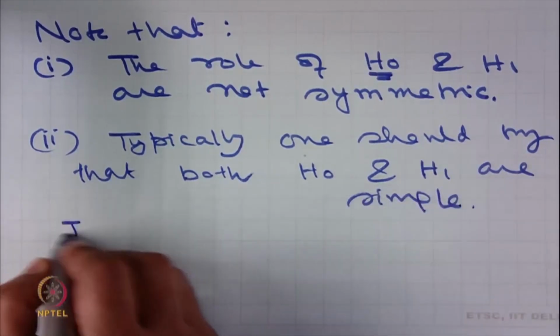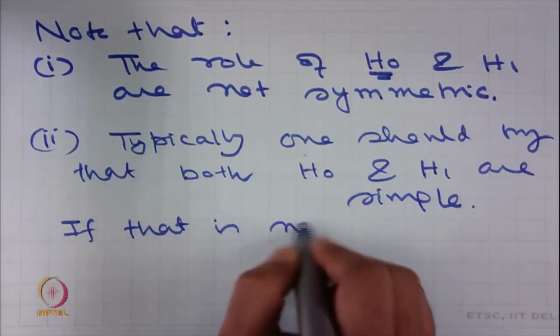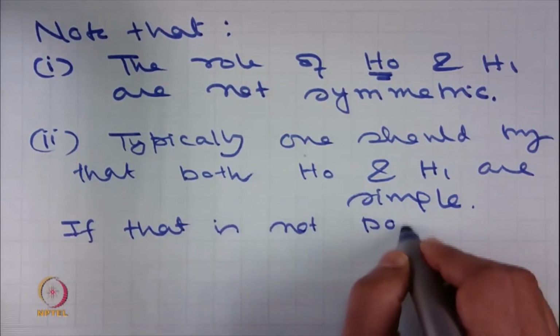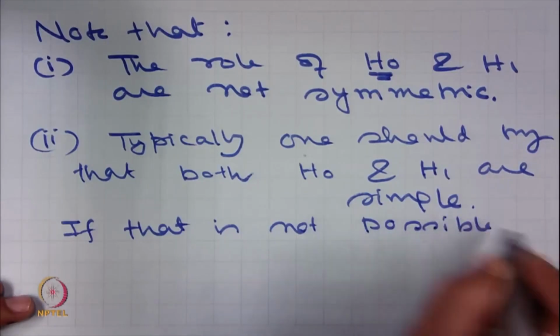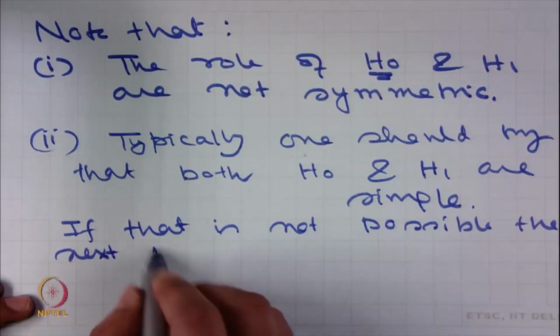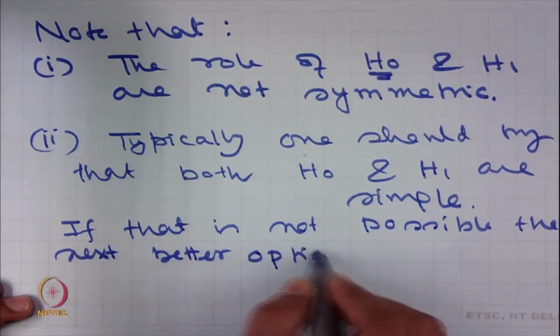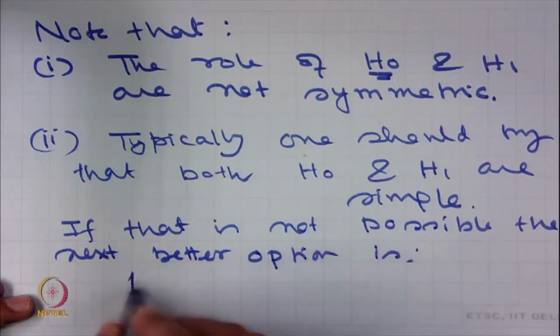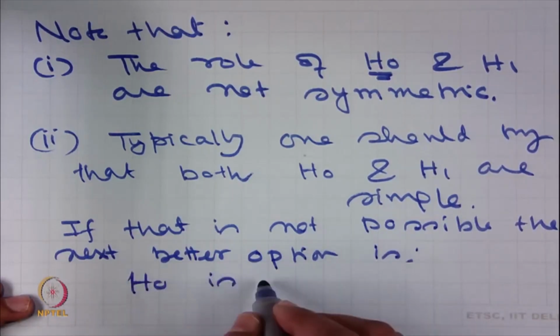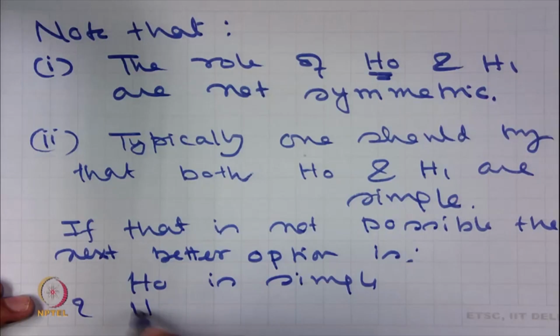If that is not possible, the next better option is H naught is simple and H1 is composite.